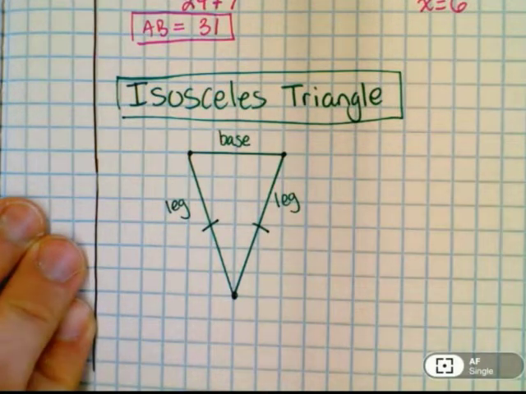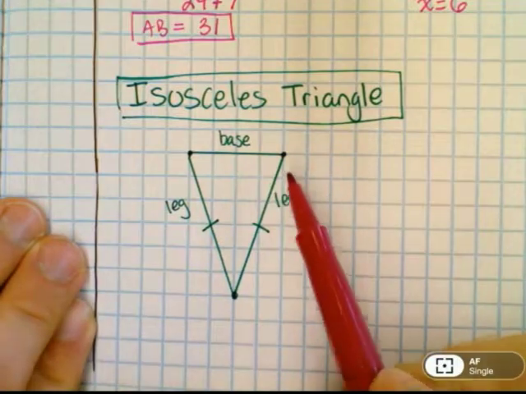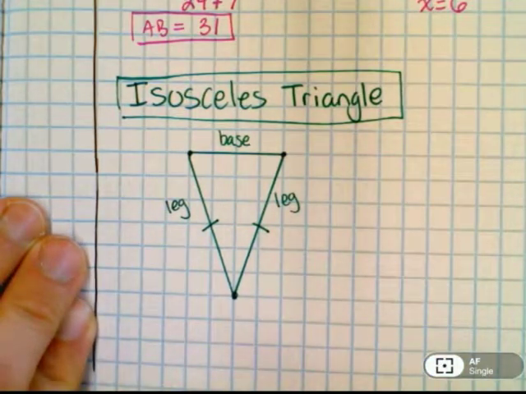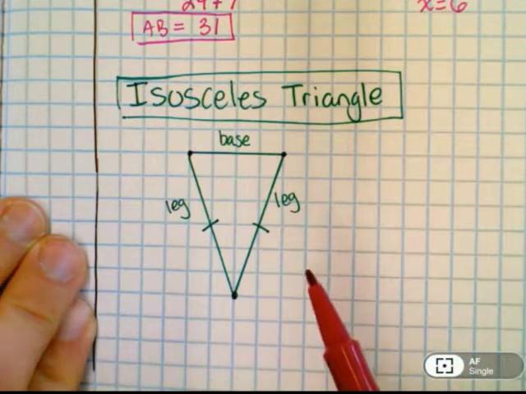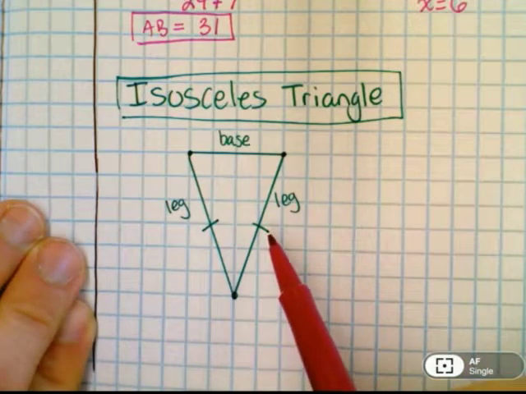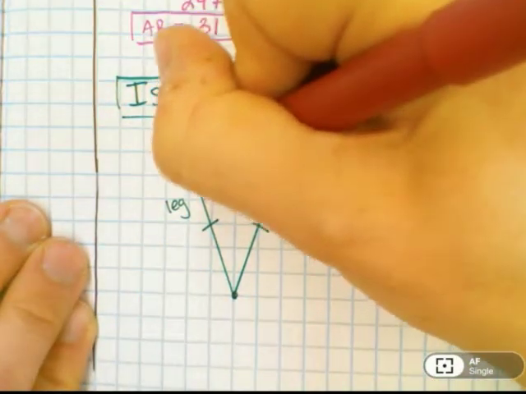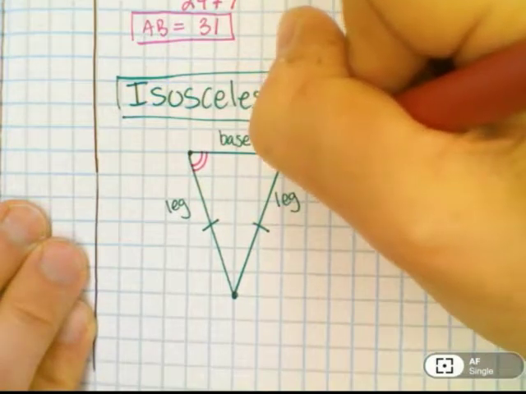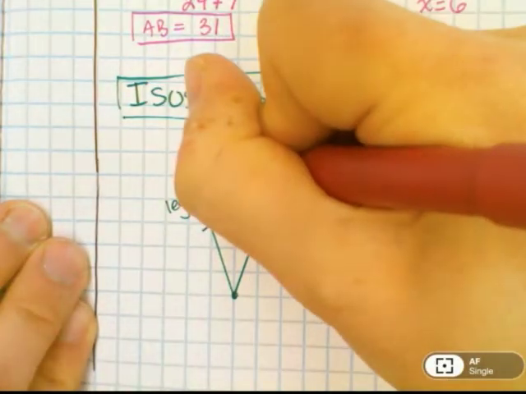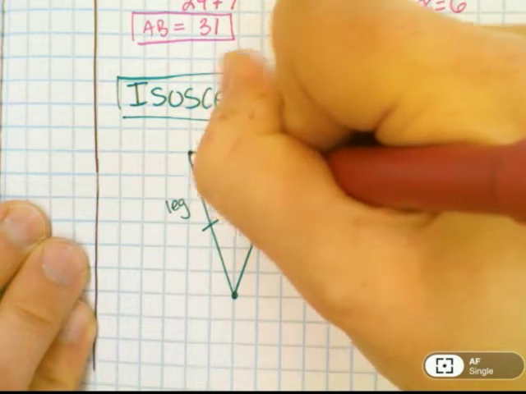And it turns out, it's obvious when you think about it, that in an isosceles triangle, when you have two sides that are congruent, you also have two angles that are congruent. And so we're going to mark those. These angles are congruent, and those are called the base angles.